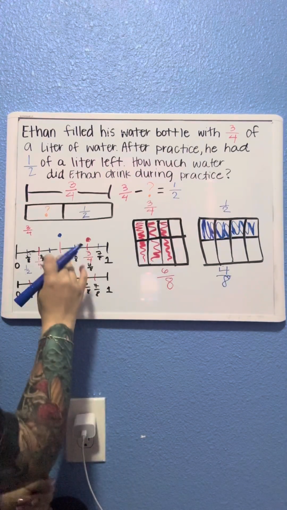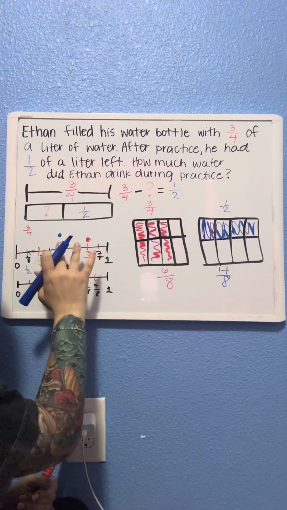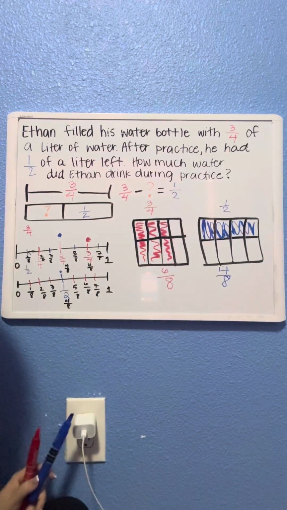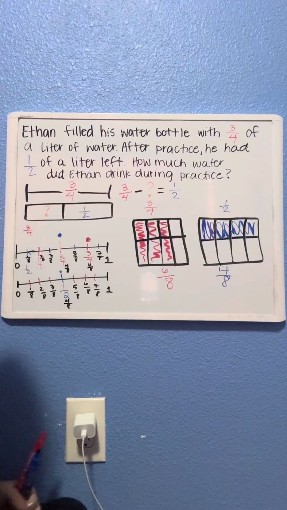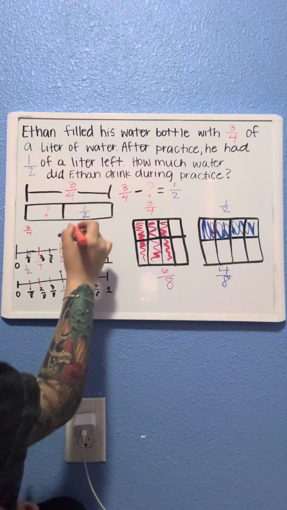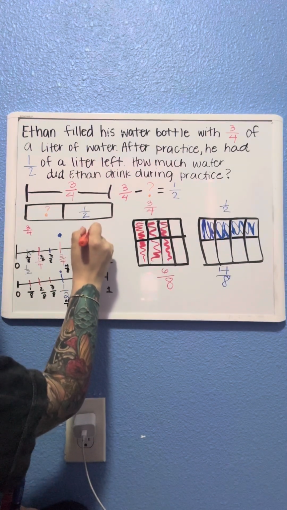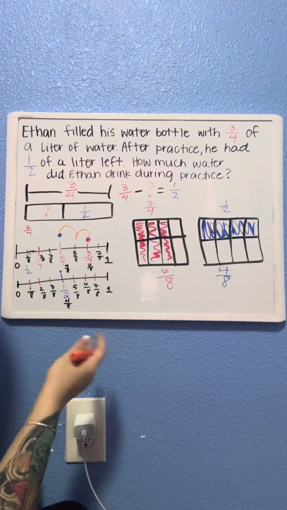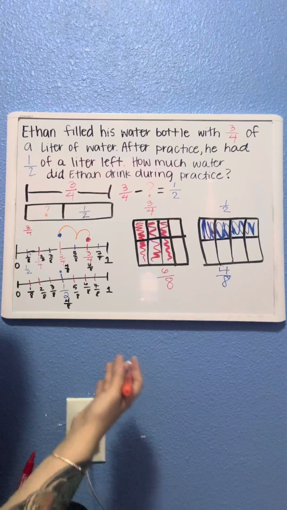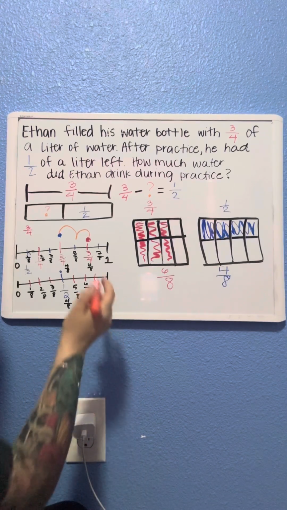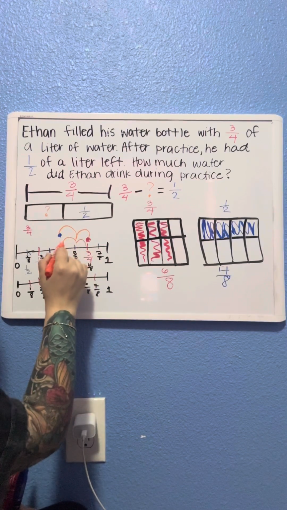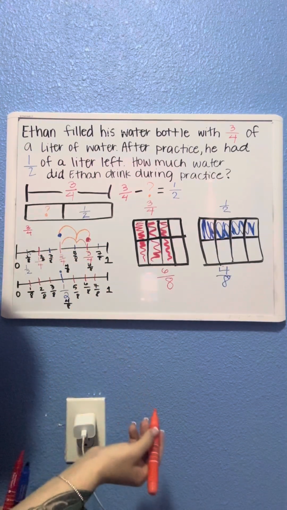So now we just have to find the distance between these 2 points since we are looking for our change, okay? So 3/4 to 2/4 or 1/2 or 4/8, they are all equivalent. We jumped 1, 2, 8.